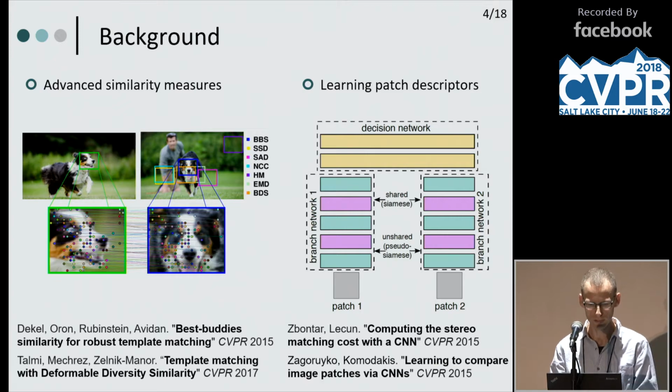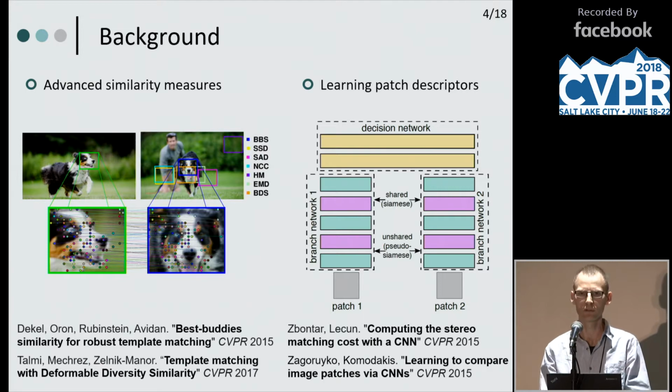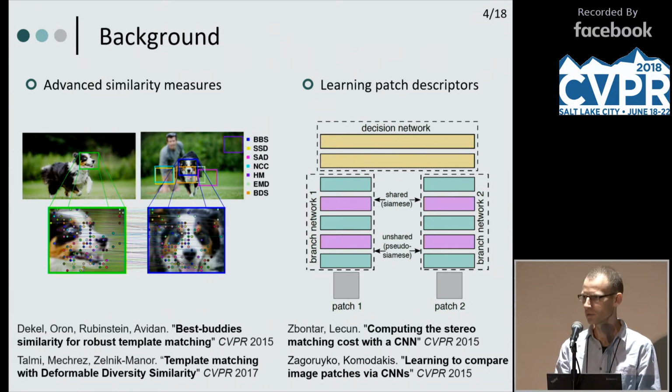On the left, a very nice line of work where the standard similarity measures are replaced with more advanced ones. Specifically, these here are the BBS and DDIS methods. On the right, a large and very active body of work, where neural nets are trained to produce embeddings for image patches, and these embeddings are used in many different applications.